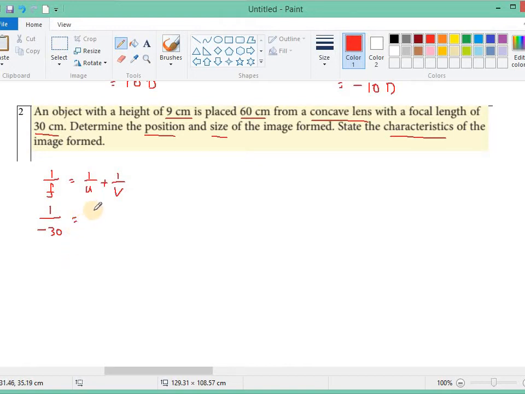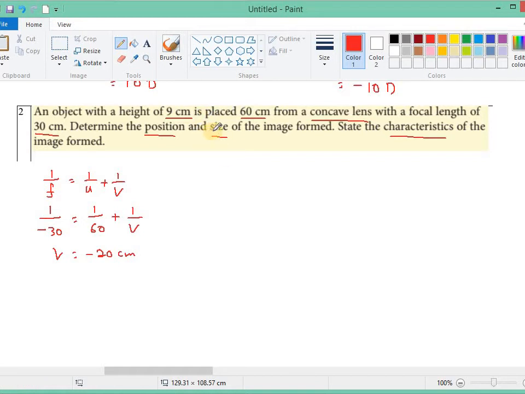The object is placed 60 centimeter from the concave lens, so the object distance is 60 centimeter. So what is the image distance? We get negative 20 centimeter.